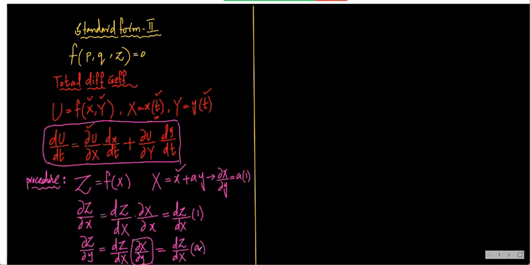That a I am writing here. And the same thing, if I want to differentiate this partially with respect to x, that answer is 1. So here, this is 1.